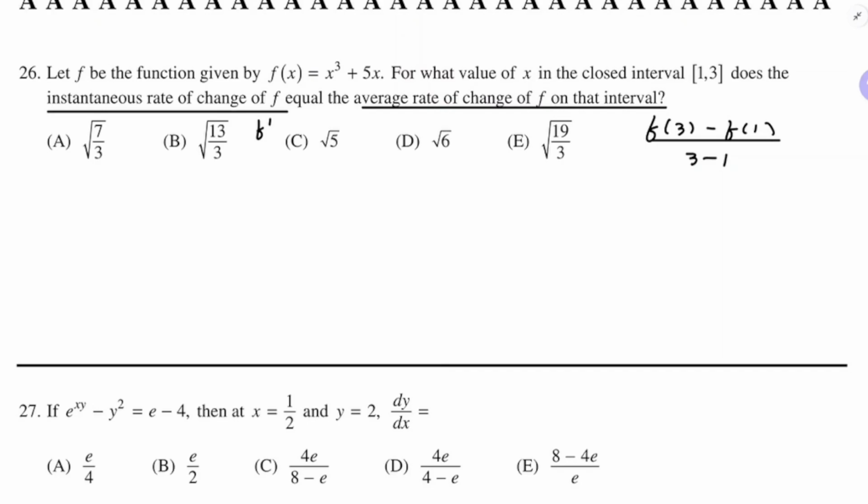So I'm going to compute f of 3 minus f of 1 over 3 minus 1 first, because I think that's going to be a little bit more computational. f of 3 is going to be 3 cubed is 27 plus 5 times 3 minus f of 1, divided by 3 minus 1. Now what we could do is say that's 27 minus 1 is 26 plus 10 is 36 divided by 2, 18. However you're going to get that, doesn't really matter.